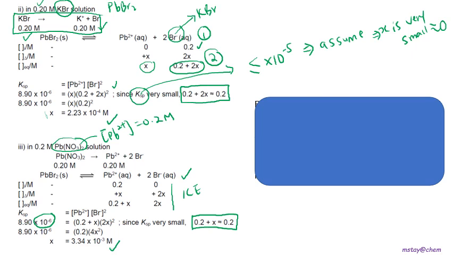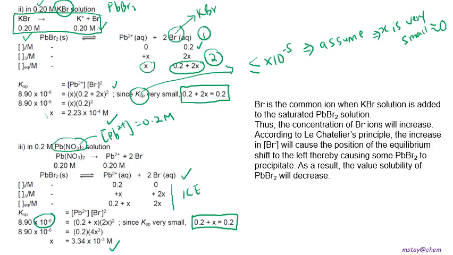Then for part B, we're going to do the explanation based on the molar solubility that we obtained. When we compare, we will notice that Br- is the common ion when the KBr solution is added.